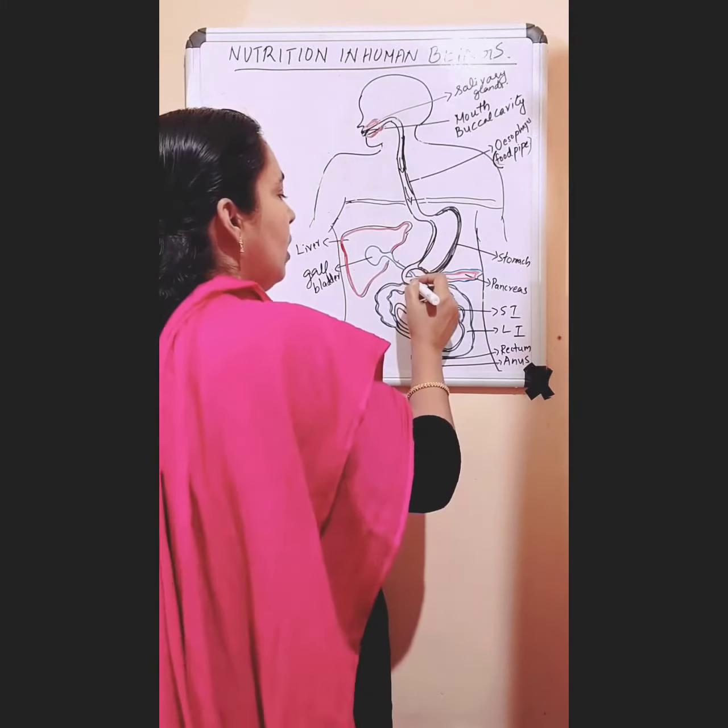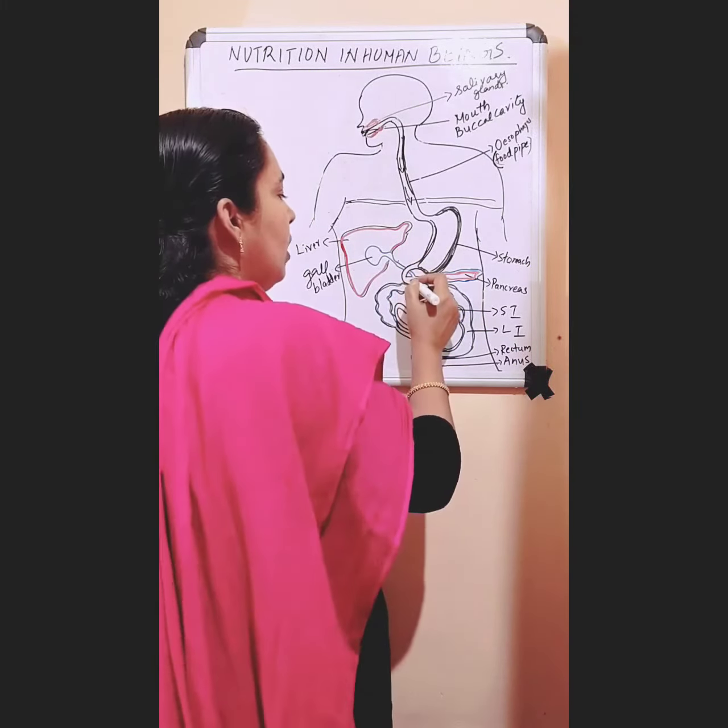The next step is assimilation. From the blood, it is carried to all the cells in our body, and all the cells assimilate this digested food material and use it for releasing energy, and some amount will be used for growth and repair of the body.